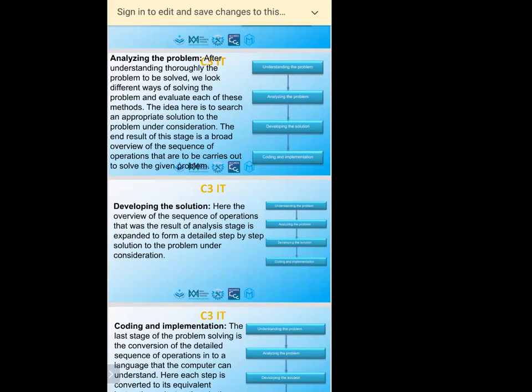Likewise, the programmer will select any one of the computer languages to solve the problem. They will write the program day and night.